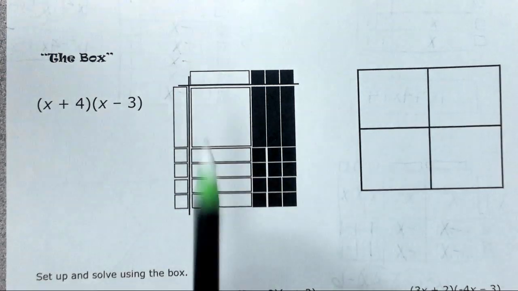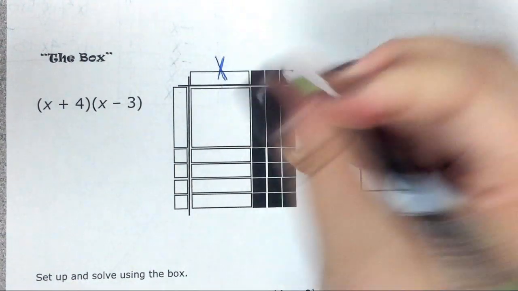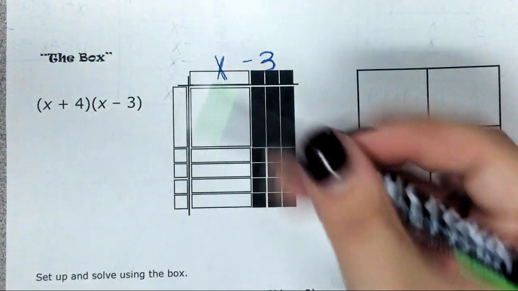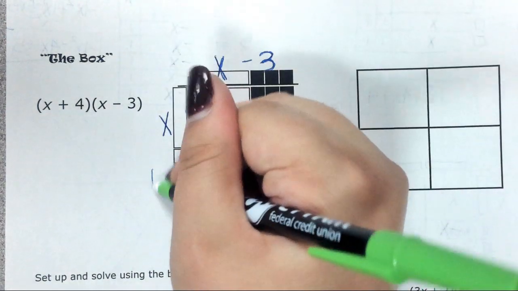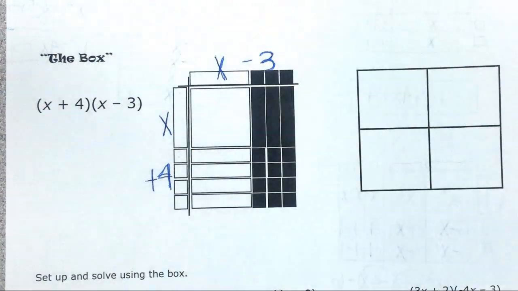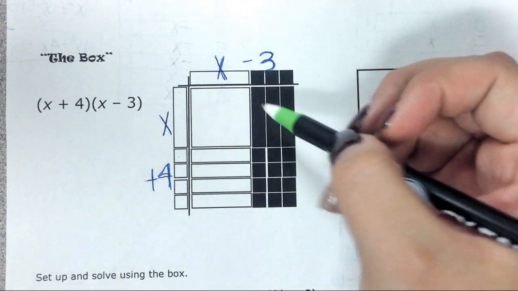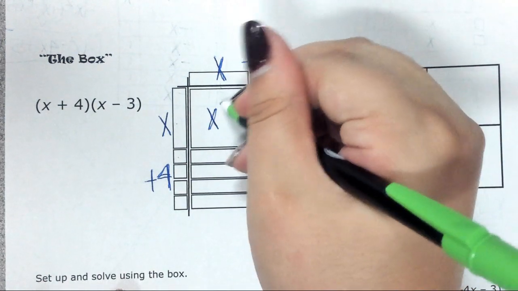Do you agree that this picture shows an x and minus 3? And this shows an x plus 4. Right? And when I did all that, I already did it for you. X and x gave me a big x squared.